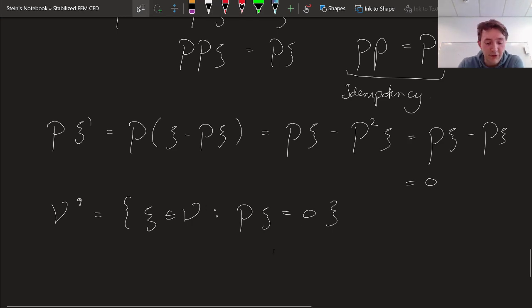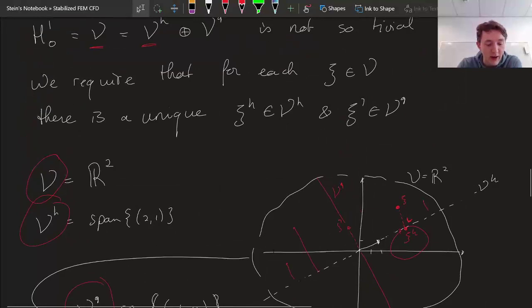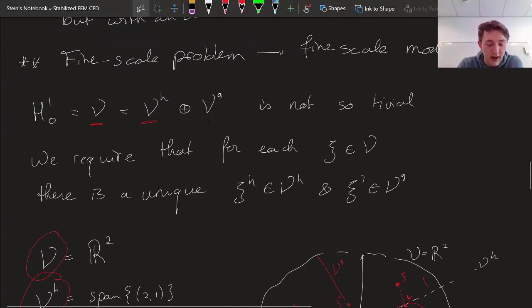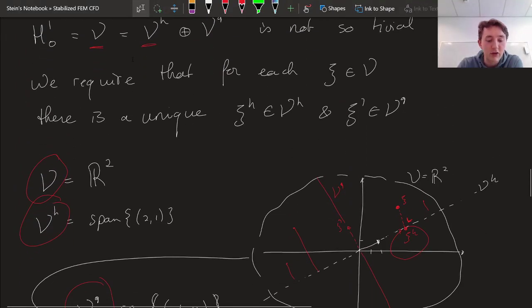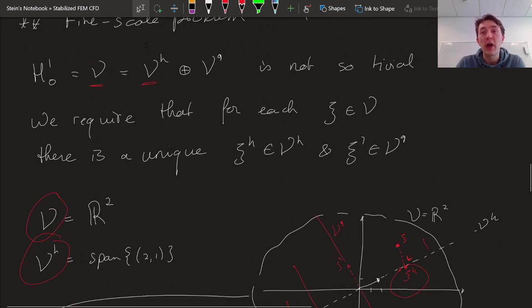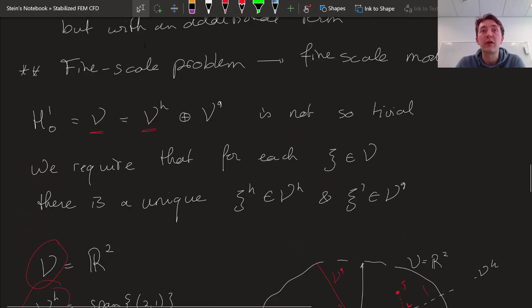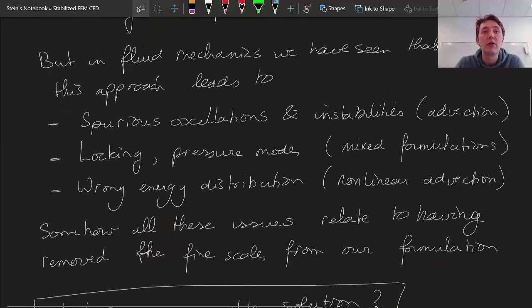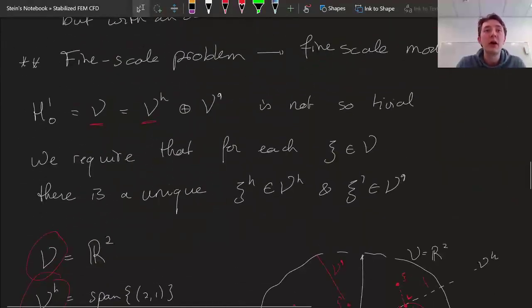And with this definition, we have a nice direct sum in the sense that any psi is uniquely defined as some component in VH and some component in V prime. So the projection operator here does not occur explicitly in the way that we write this, but implicitly through that definition of the fine-scale space, through the definition of our scale decomposition.